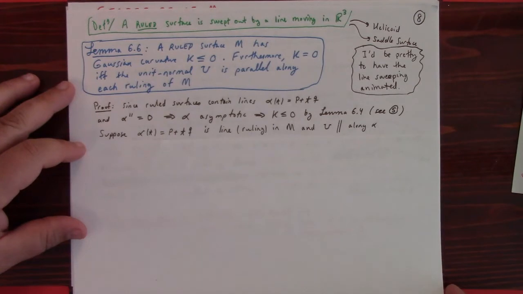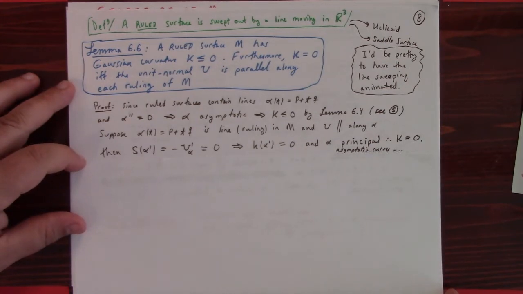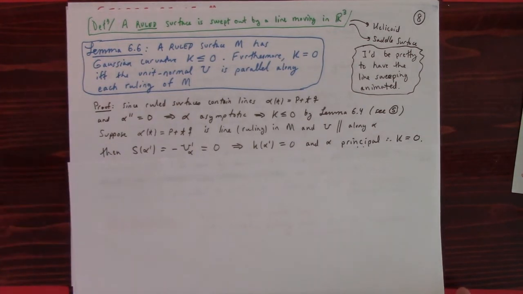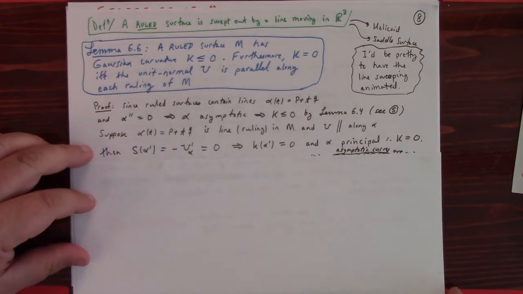So next up, suppose that we have a line ruling in M, and that the unit normal is parallel along that ruling. Then that means that the shape operator on the velocity, which by the way is the unit normal evaluated at the curve differentiated, is equal to 0, which is to say that the principal curvature is 0, which is to say that alpha prime is principal, therefore K is equal to 0.